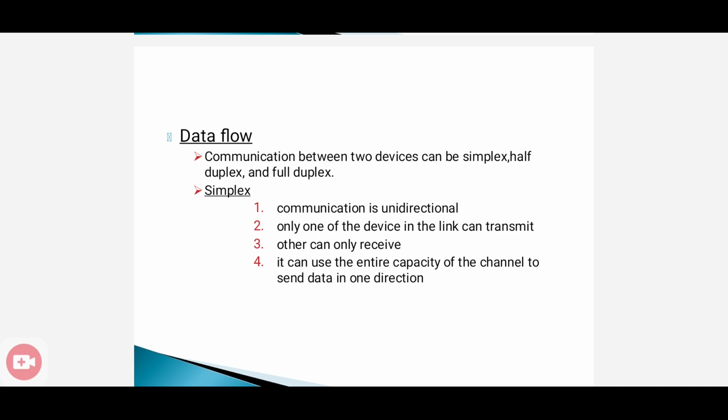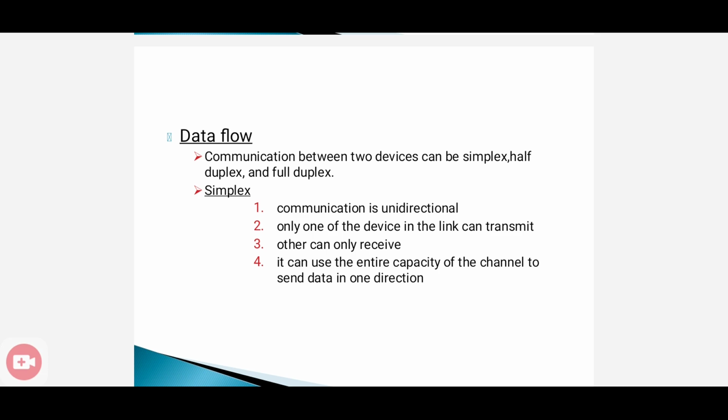For that, we have three methods: the first is simplex, the second is half duplex, and the third is full duplex. So in a communication system, there are three methods for data flow: simplex, half duplex, and full duplex.